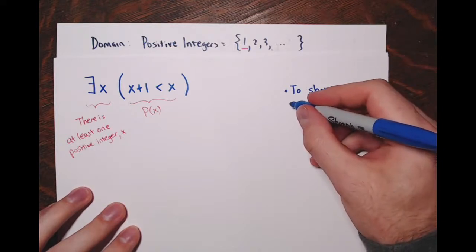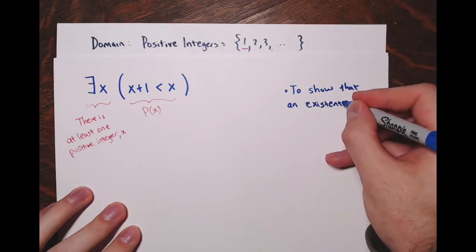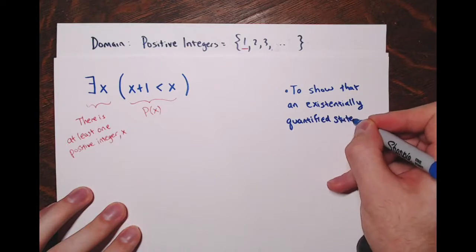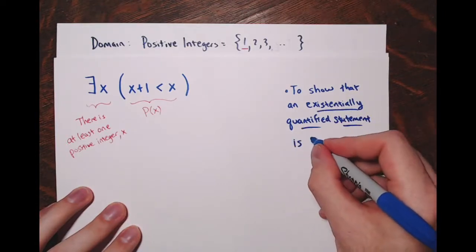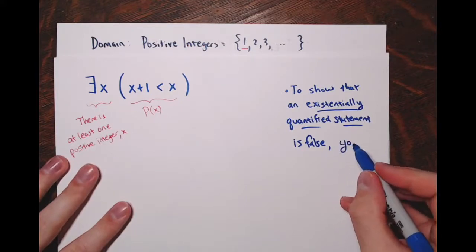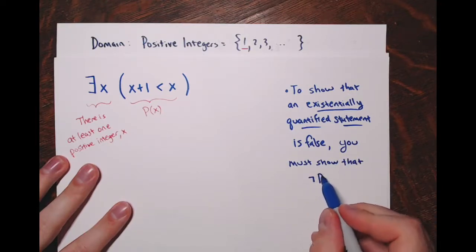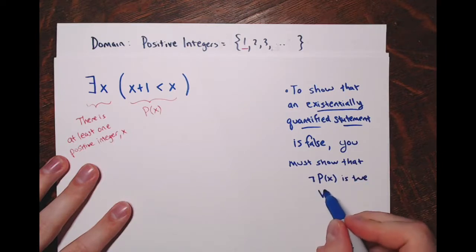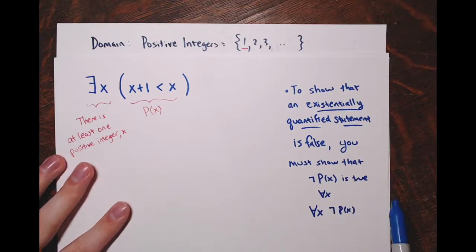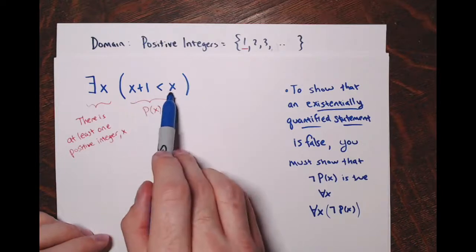To show that an existentially quantified statement is false, you must show that not p of x is true for all x, or show the statement for all x, not p of x. In other words, show that this is false no matter what you plug in.